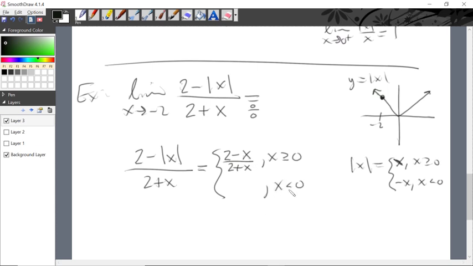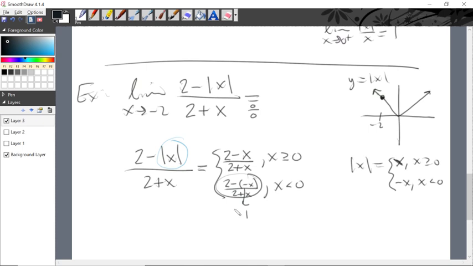If x is less than 0, then the absolute value of x itself would output negative x, or the opposite of x. That is, we would have 2 minus negative x over 2 plus x, if x is less than 0. Well, how does that simplify? 2 minus negative x is the same as 2 plus x. And 2 plus x over 2 plus x is just equal to 1.